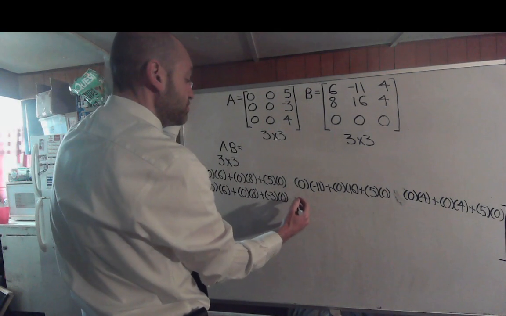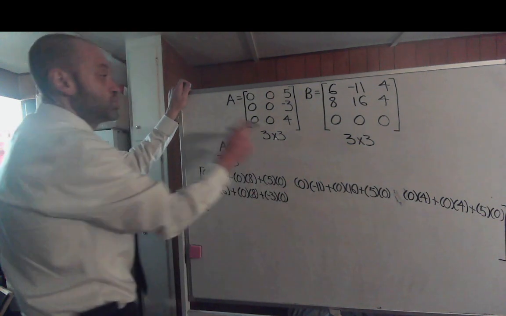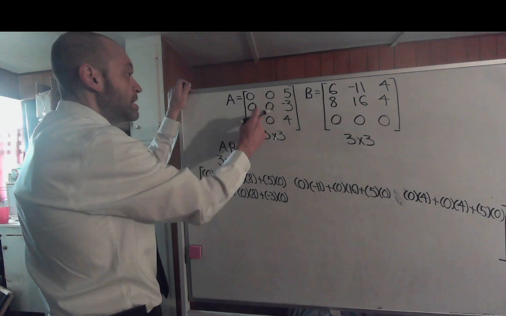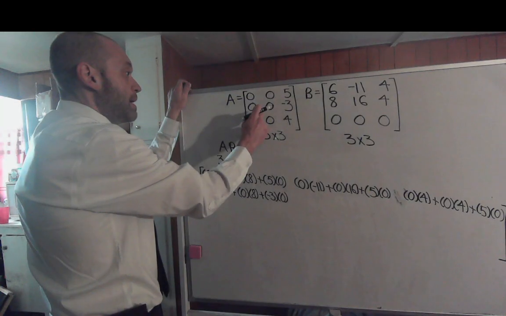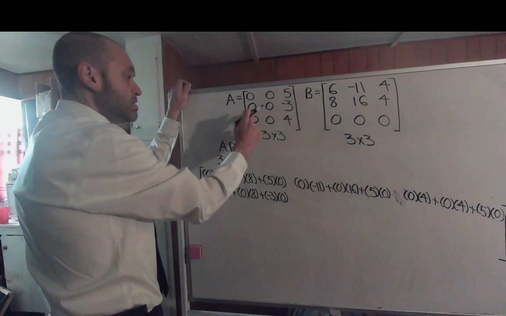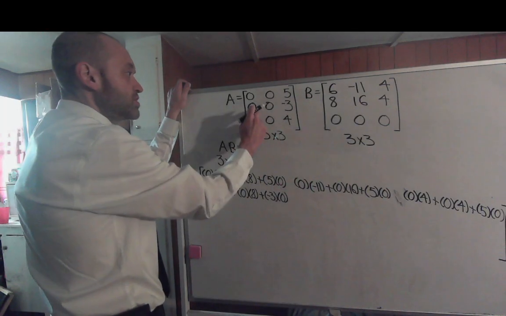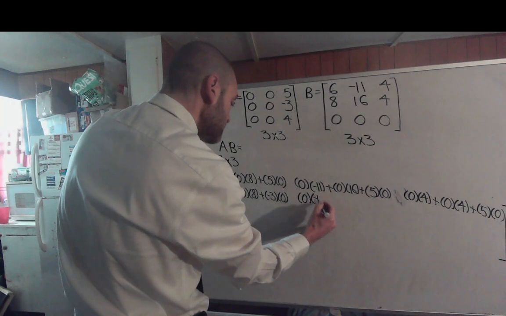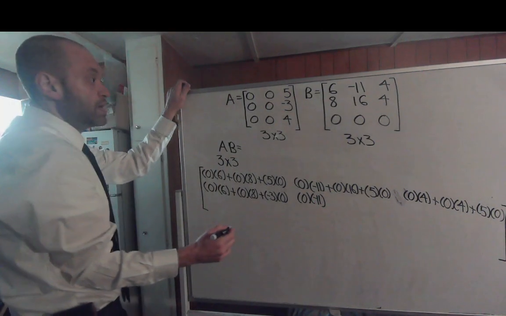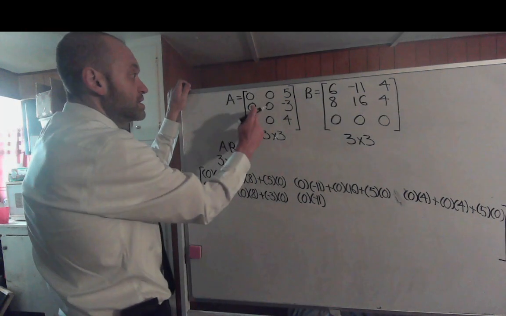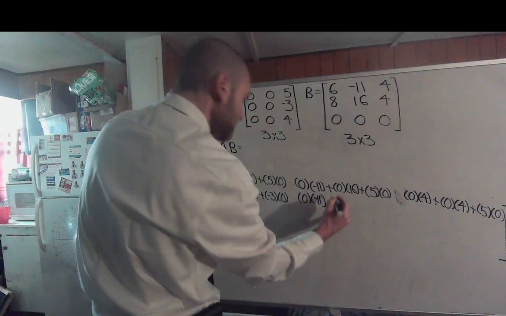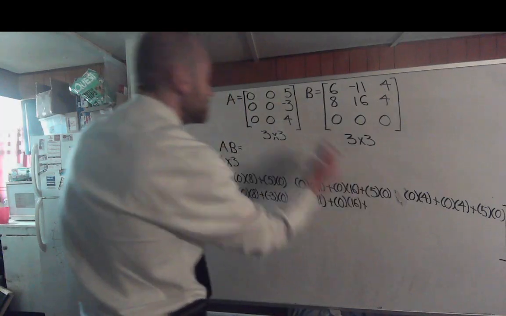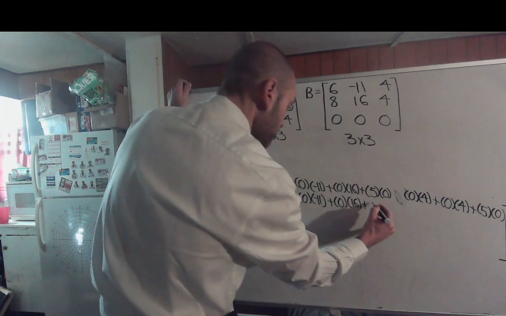Now let's do the second number of the second row, so 0 times -11, and then we'll take 0 times 16 plus -3 times 0.